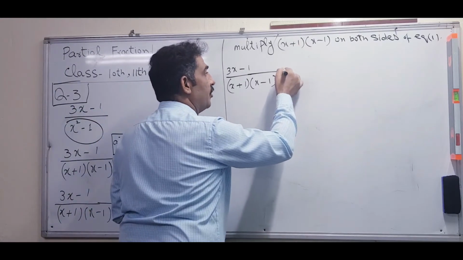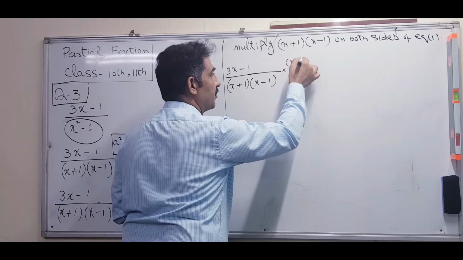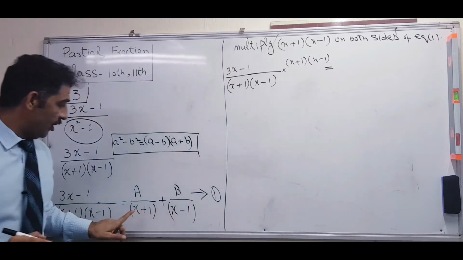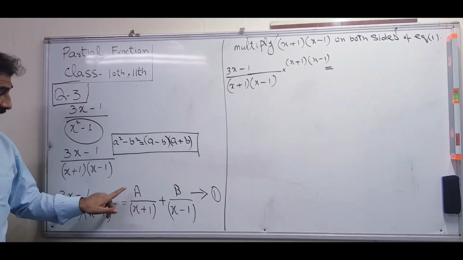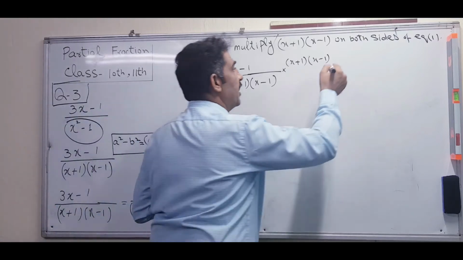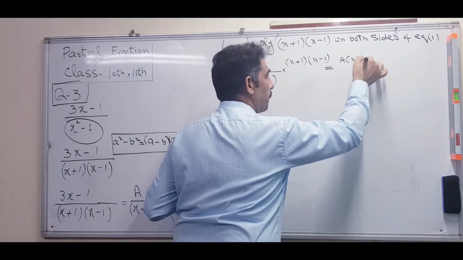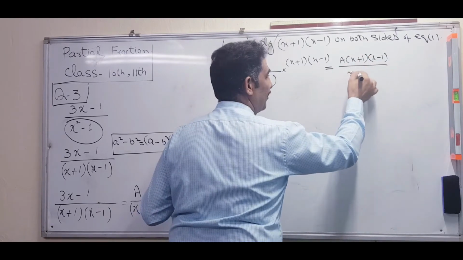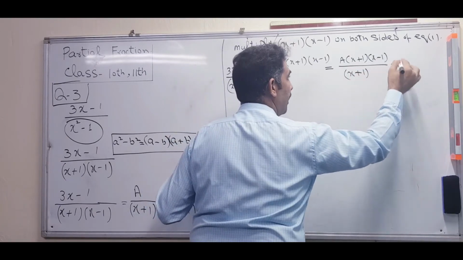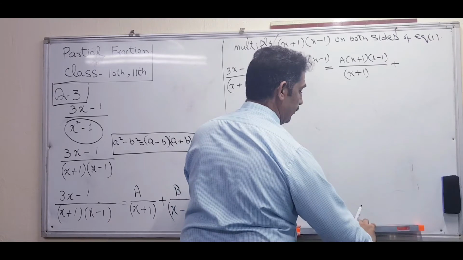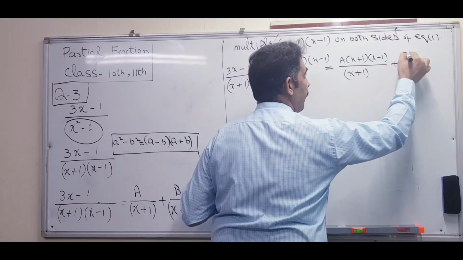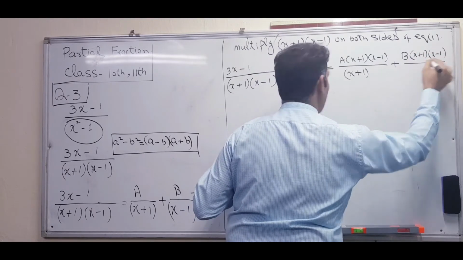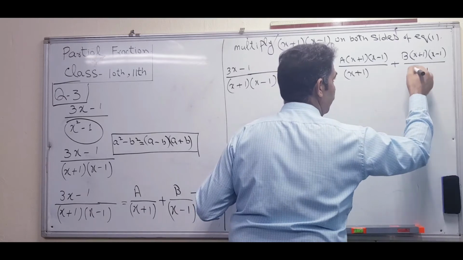On the right hand side, a over x plus 1 multiplied by x plus 1 into x minus 1, and plus b over x minus 1 multiplied by x plus 1 into x minus 1.